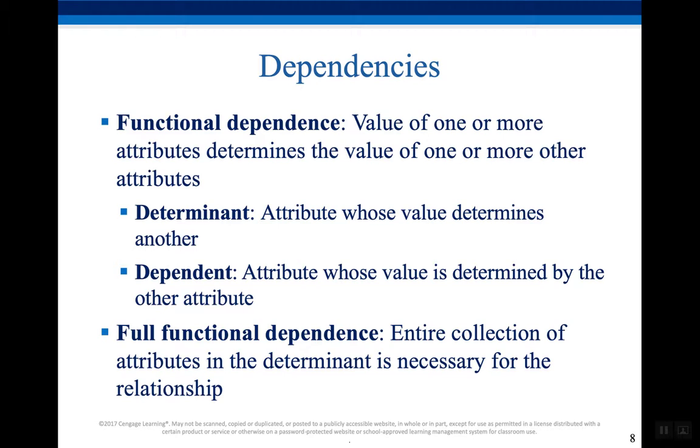You have the determinant, which is what determines the value, and the dependent, which is the subordinate, or what you are associating with. All right. So what we have within this is basically another means by which we can define data and work with it.